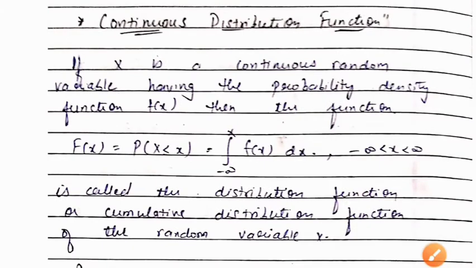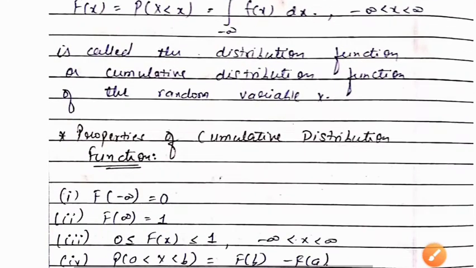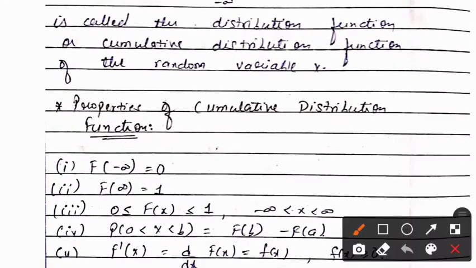Now next is continuous distribution function. If x is a continuous random variable having the probability density function f(x), then the function F(x) equal to capital P, that is, probability of X less than or equal to x, is equal to the integration of f(x) from minus infinity to x with respect to x, where x is from minus infinity to plus infinity, is called the distribution function or cumulative distribution function of the random variable x.